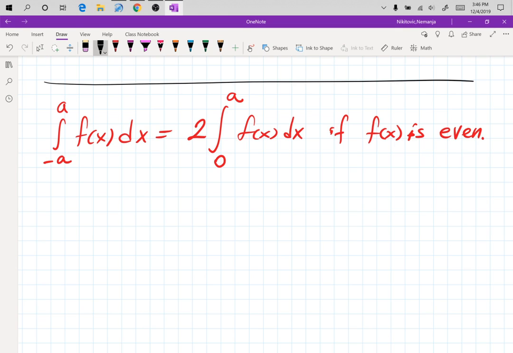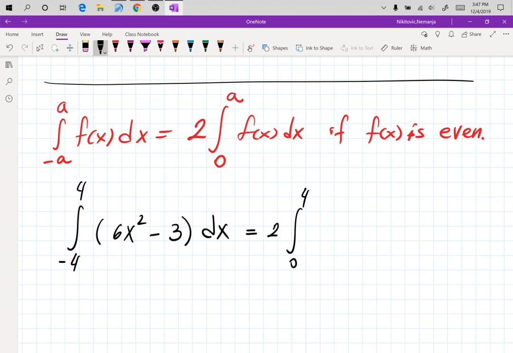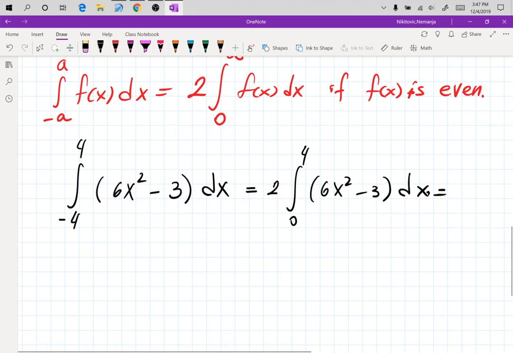An example again. Let's go for negative 4 to 4 of 6x squared minus 3 dx. So this would be an even function. And because it's an even function, we can rewrite this as 2 times the integral from 0 to 4 of 6x squared minus 3 dx.